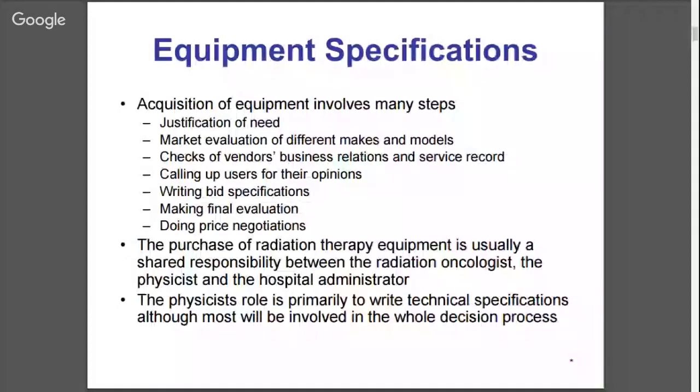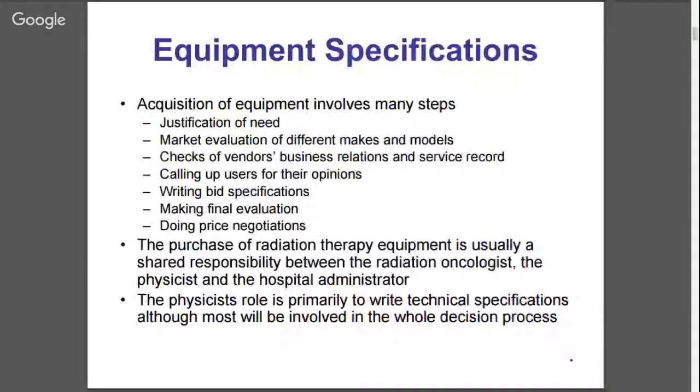Okay, and this is also true for planning systems and CT simulators, for example. We want to be confident that the vendor is able to have a good relationship with the customer. This is usually apparent. You speak to others to find out what their experiences are.